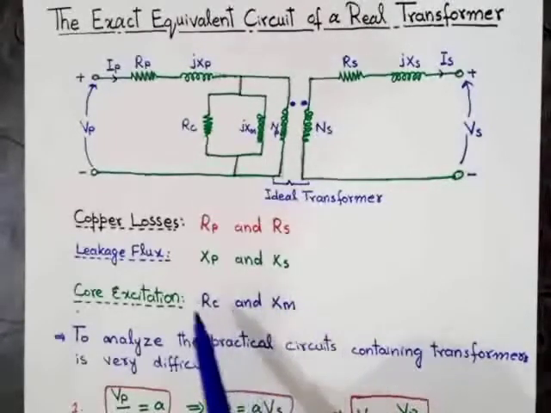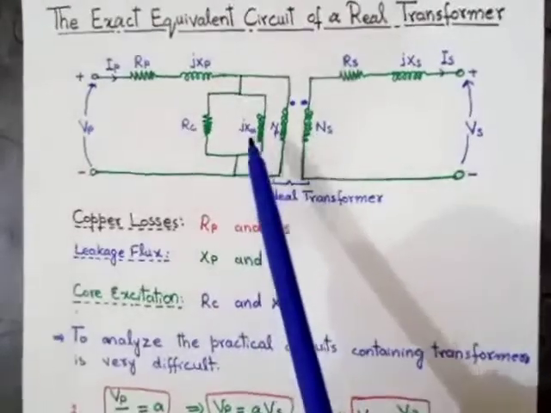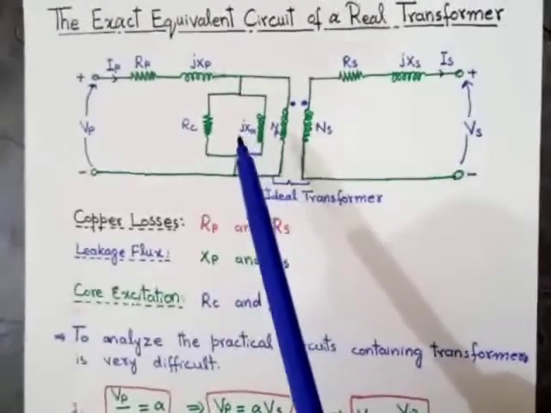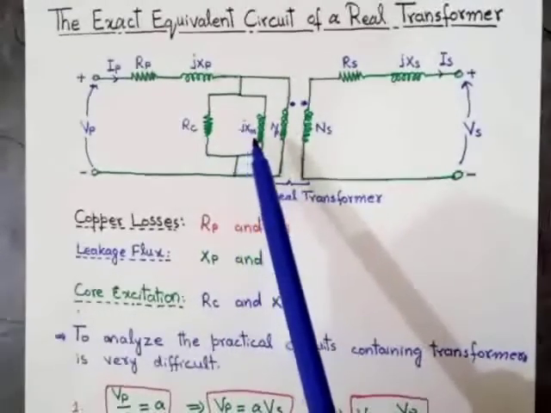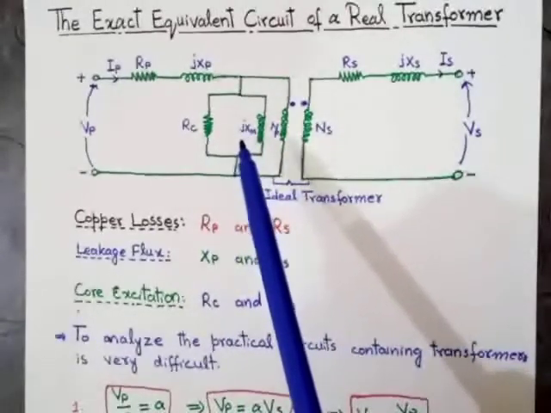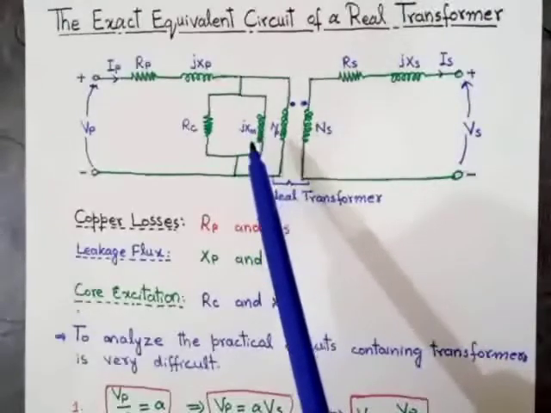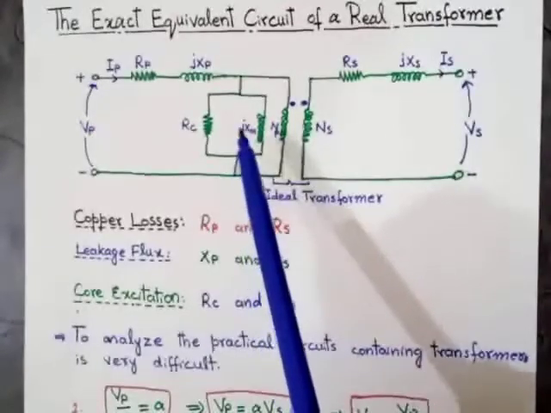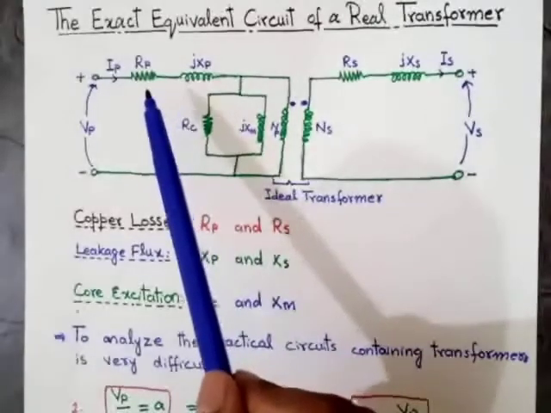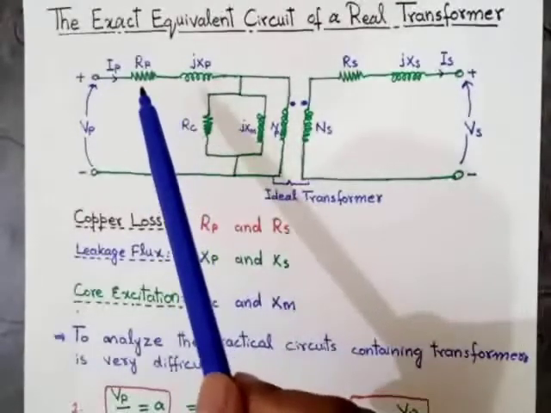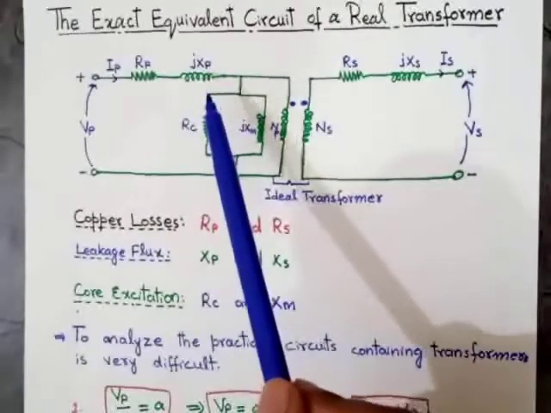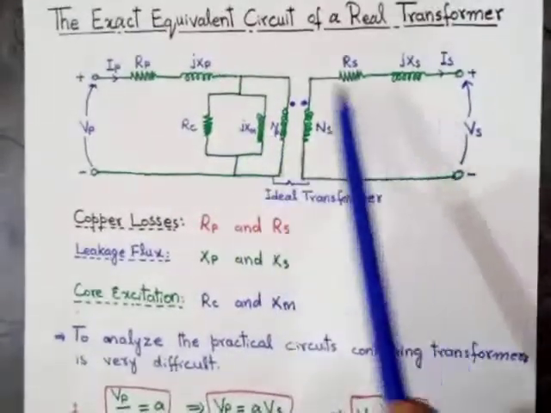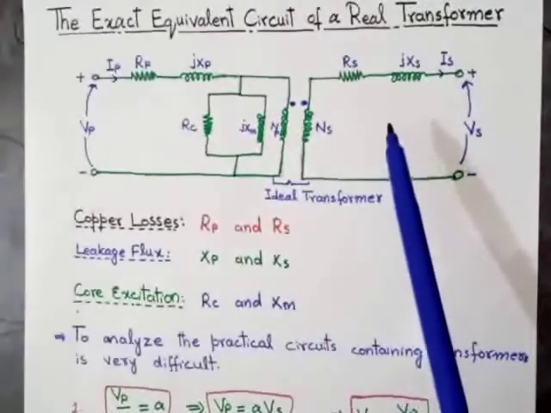So this is the RC and this is the magnetization reactance. These two core parameters are in parallel with the primary copper losses and the leakage flux reactance. So this is the equivalent circuit of the transformer.